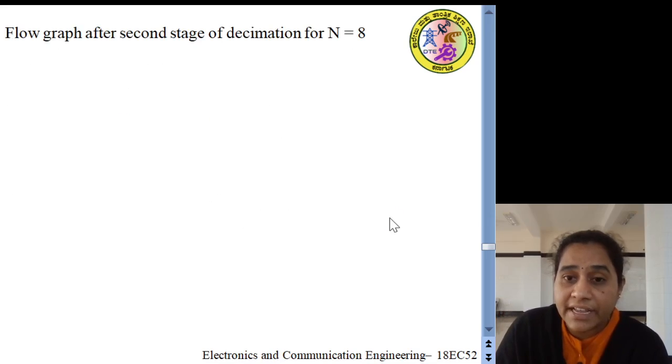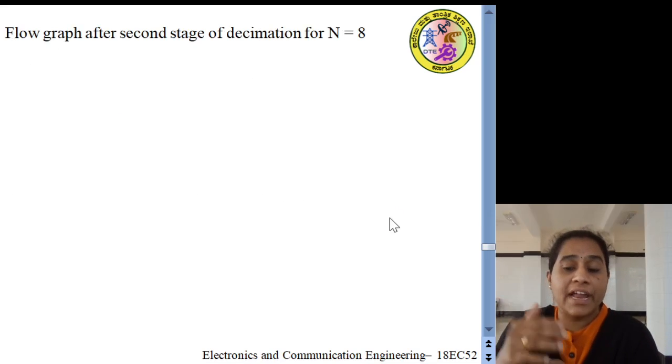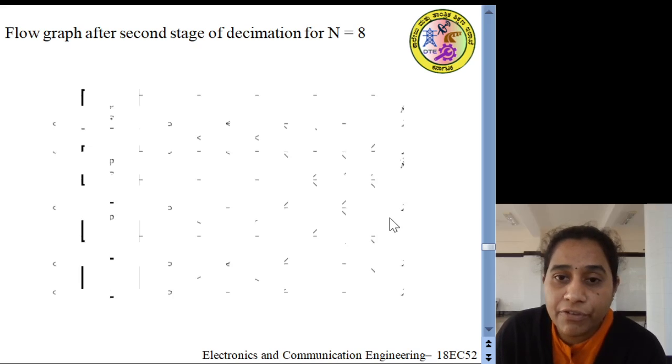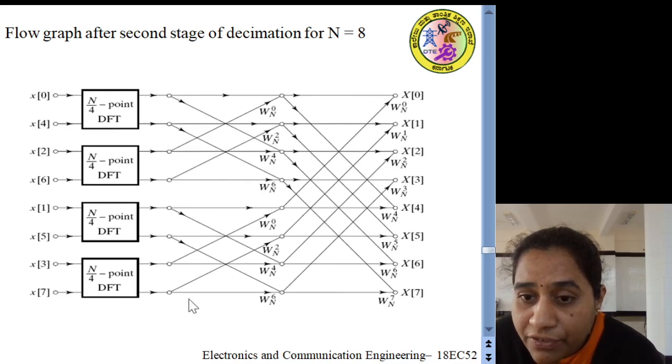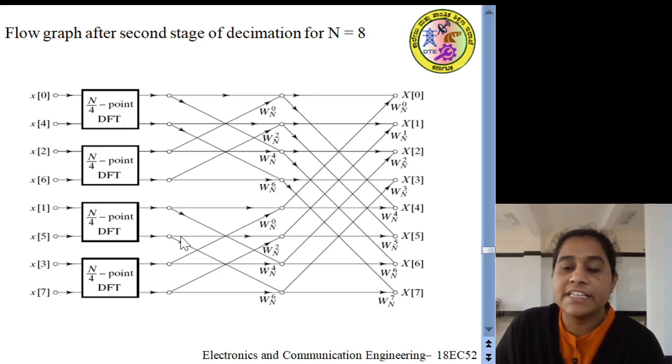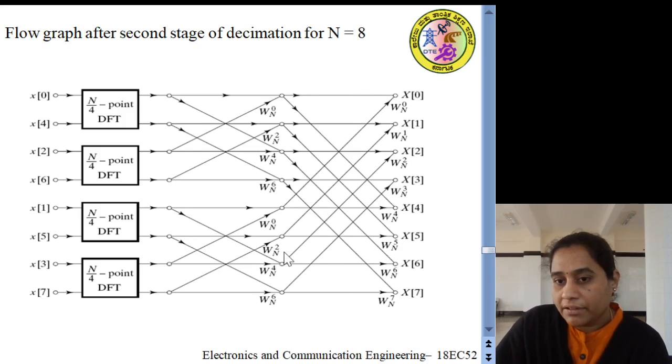So after this second stage of decimation, for n equal to 8, we can write the flow graph like this. See, this is from the first stage of decimation, and this is from the second stage of decimation. In the first stage, we decimated our x of 0 to x of 7 into two n by 2 point DFTs, g of 0 to g of 3 and h of 0 to h of 3.